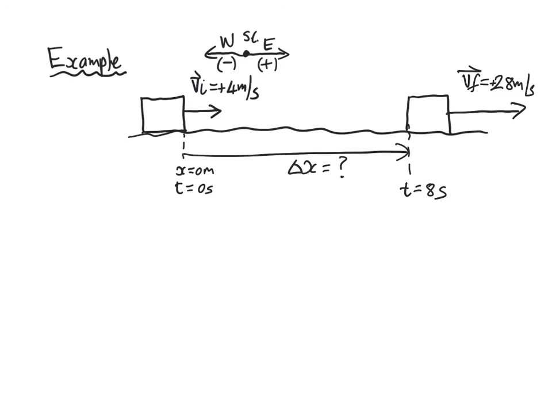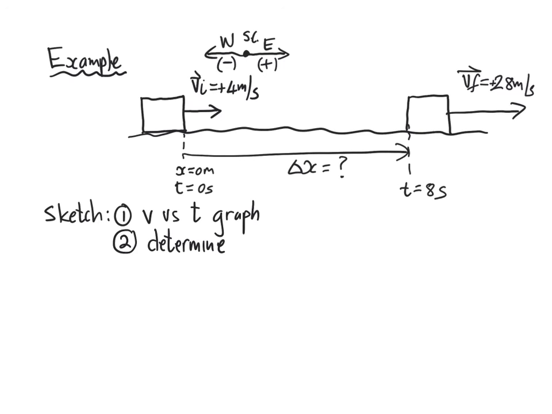Now, the challenge is that we'd like you to sketch, firstly, a velocity versus time graph. Then, using that graph, we'd like you to determine the acceleration, which I'm going to represent by A, and I will tell you that it's a uniform acceleration.